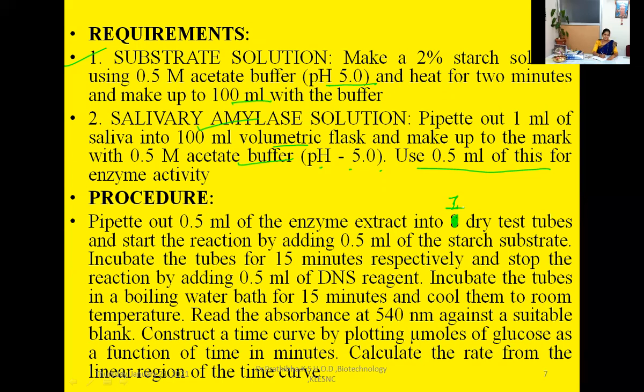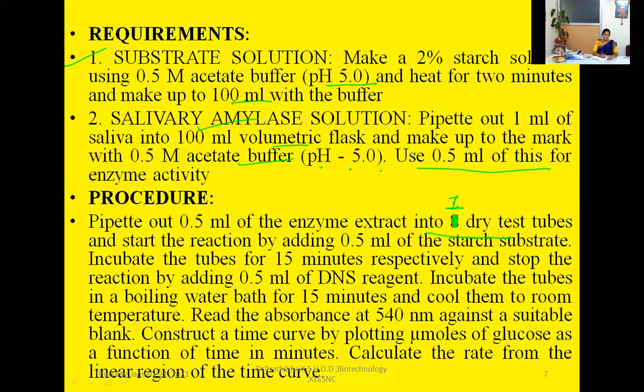Compulsorily, while performing any kind of biochemistry experiment, you must always use a dry test tube to obtain the proper readings in the particular OD. So pipette out 0.5 ml of enzyme extract into one dry test tube and start the reaction by adding 0.5 ml of the starch substrate.